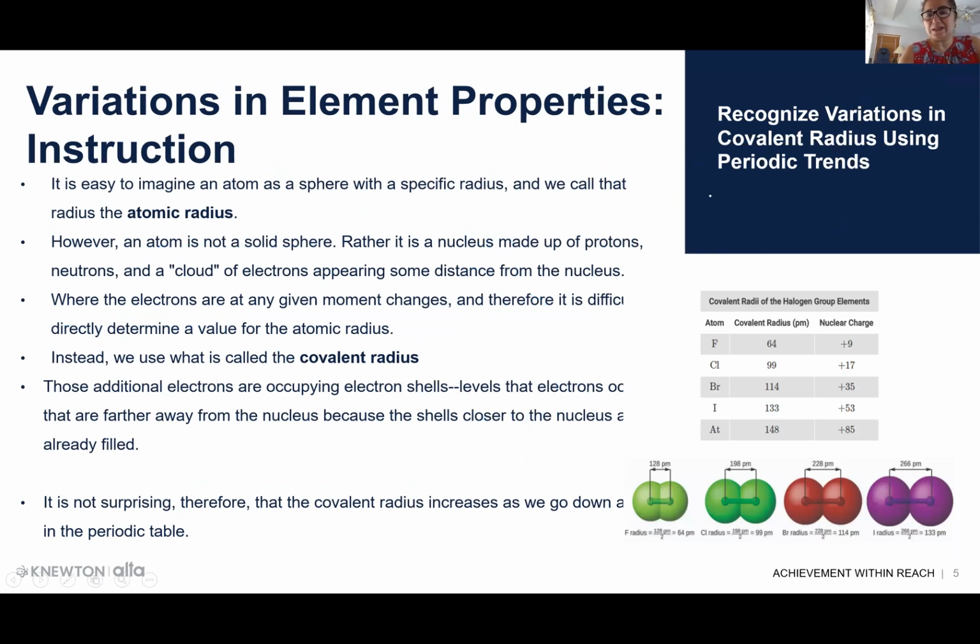Atomic radius, basically we're trying to look at the trend in the periodic table. One of the properties of the elements in the periodic table that is very obvious and shows a trend is the atomic radius. How do they measure the atomic radius?